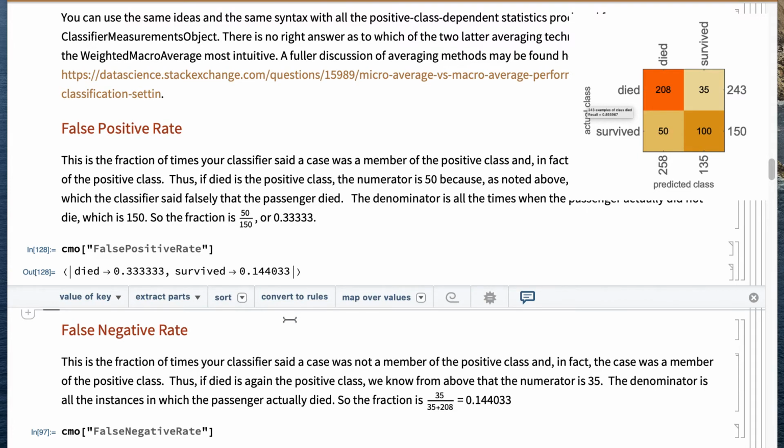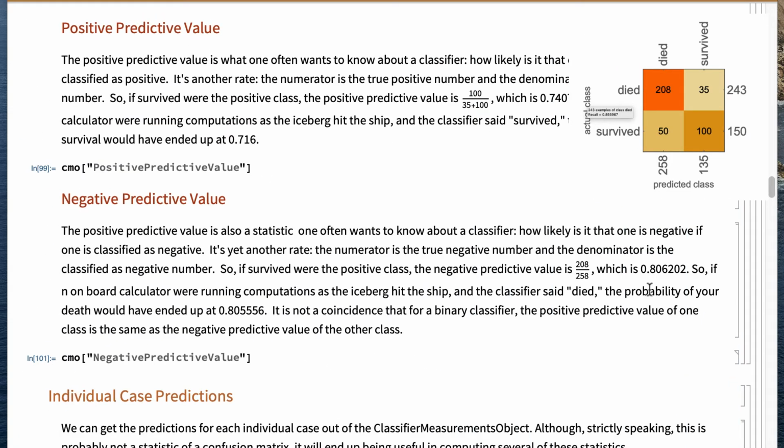And it will. Okay. In everything I've done up to now, our denominator has been computed through row sums. That is, the denominator is always how many people are actually either in a class, in the case of a positive thing, or not in a class, in the case of a negative thing. I now want to flip that for the next two statistics, and now our denominator is going to be prediction oriented.